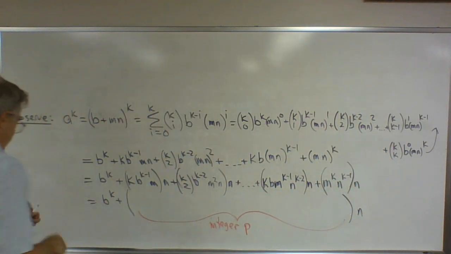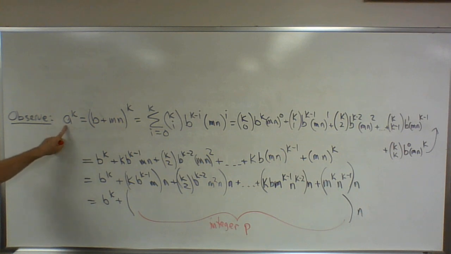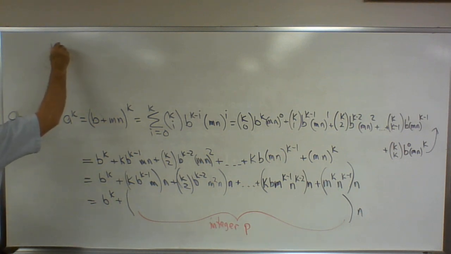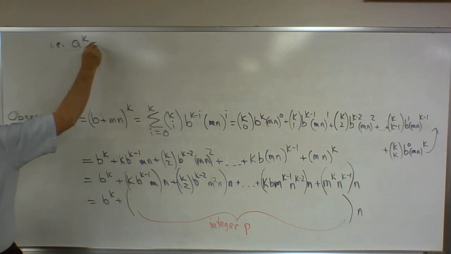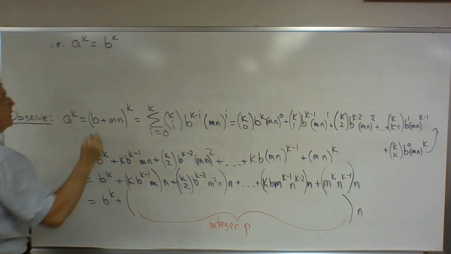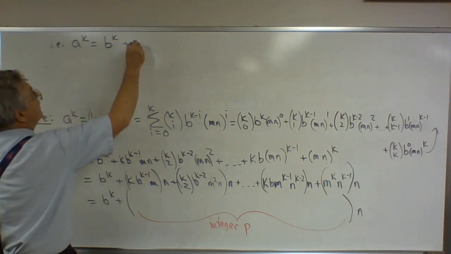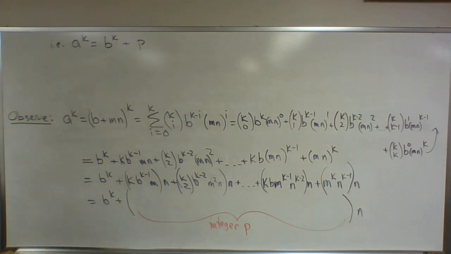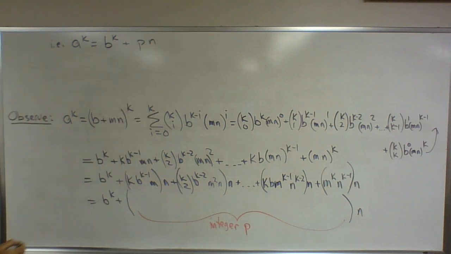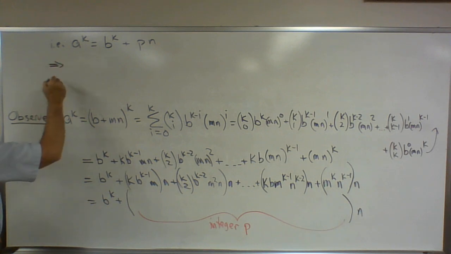So let's see, what do we have? We have a to the k equals this thing, some integer p times n. That's what we got. And I subtract b to the k from both sides.